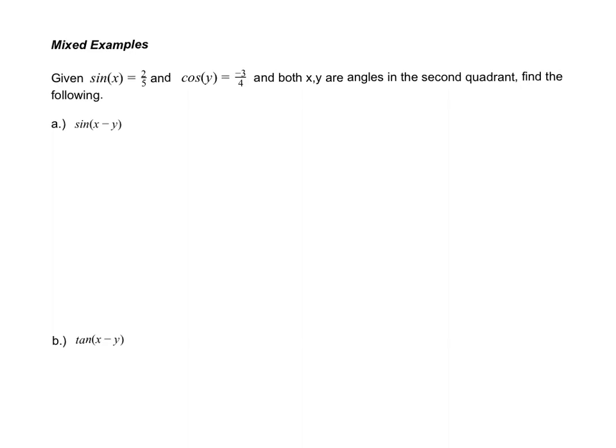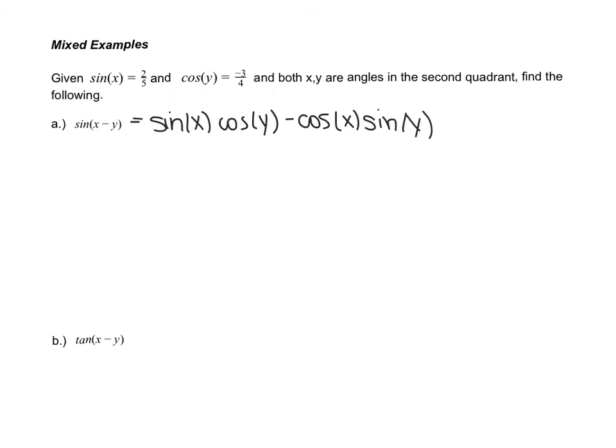So I'm going to start by writing down the difference identity for sine. So it is sine of x cosine of y minus cosine of x sine of y.